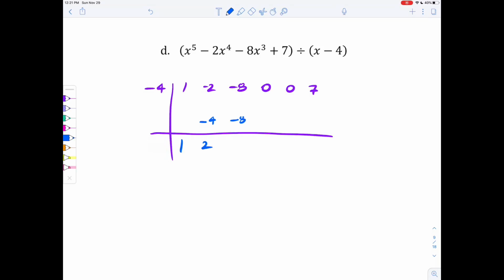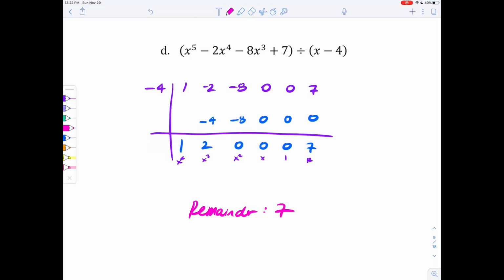Negative 8 minus negative 8 is 0. 0 times negative 4 is 0. 0 minus 0 is 0. 0 times negative 4 is 0. 0 minus 0 is 0. And 0 times negative 4 is still 0. 7 minus 0 is 7. So remainder, these are 1s, x's, x squareds, x cubeds, x to the 4ths. Boom. So our remainder in this case is 7.